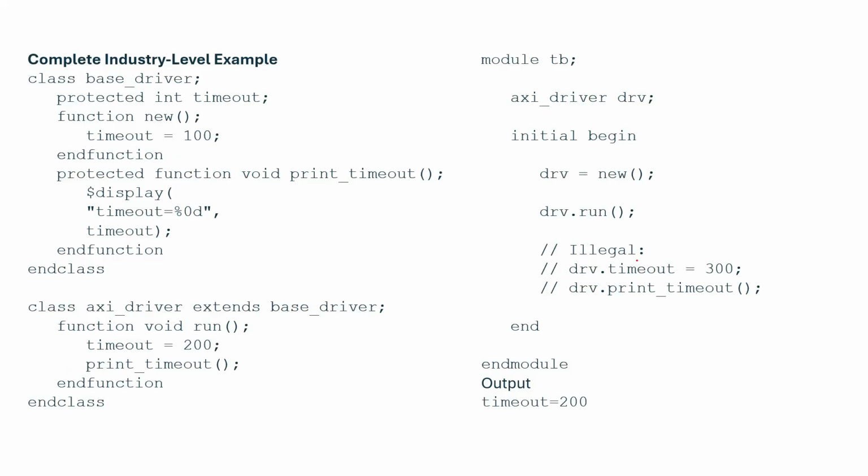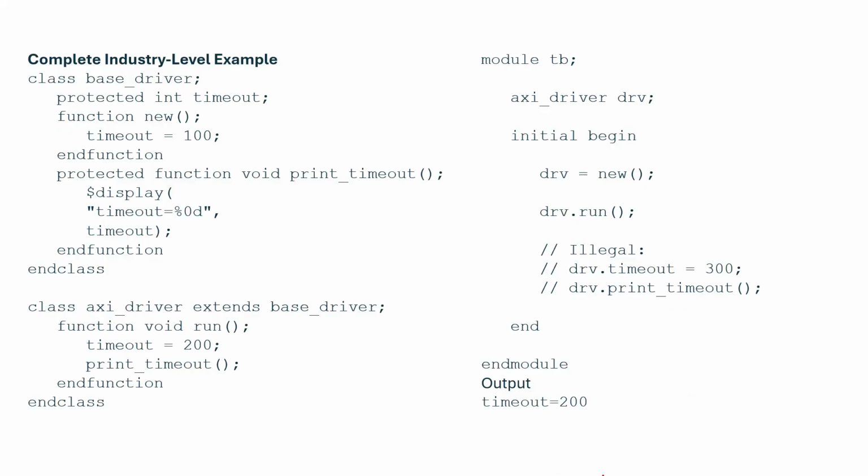This is the final example. What is the class based driver? You are using protected timeout, and that timeout value you assign through a method like the constructor method. After that, I am also considering a protected function. That means all methods and variables are protected, right? Those two examples I'm considering here in a single example.